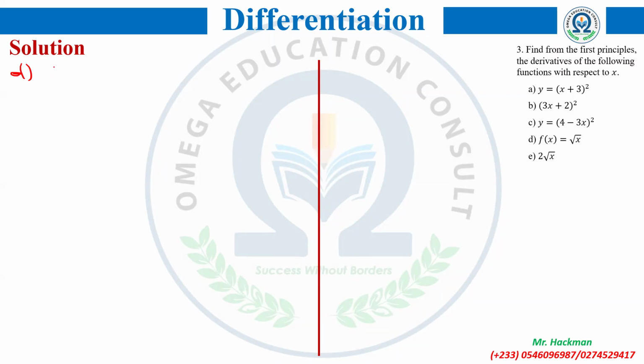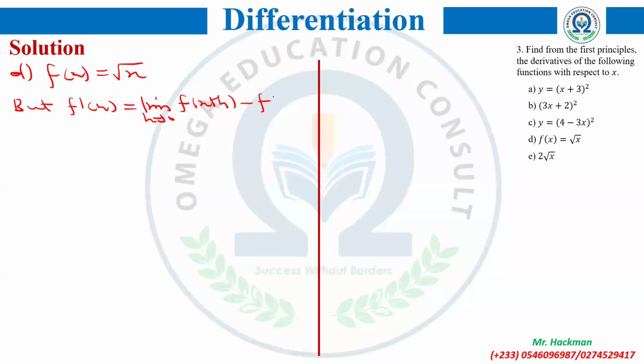So now, what do we have? f of x is equal to root of x. So in this case, you quote the formula.